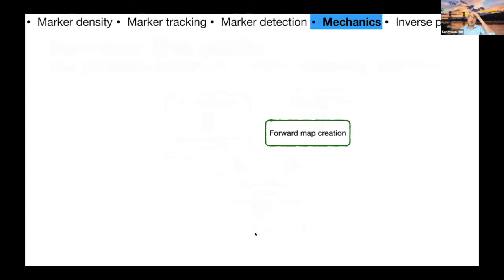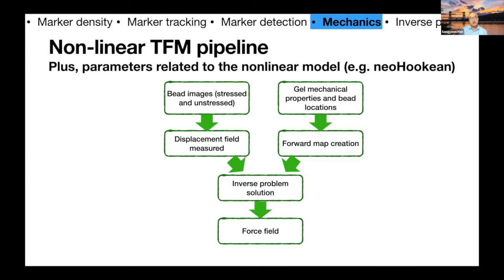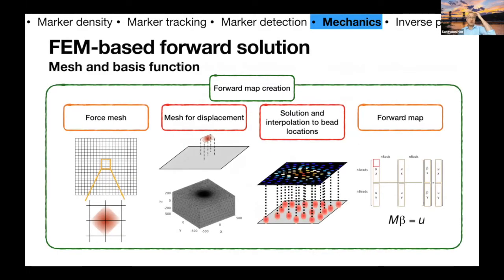For the forward map, before this nonlinear one, we used an analytical solution called the Boussinesq solution. So there's an analytic solution, and we just convolve that. Then that's no problem. But in this nonlinear regime, we had to use FEM. So Sam used the FEM solver.